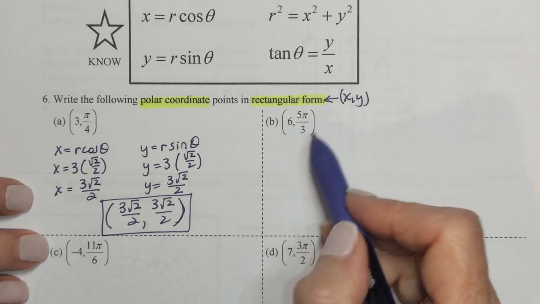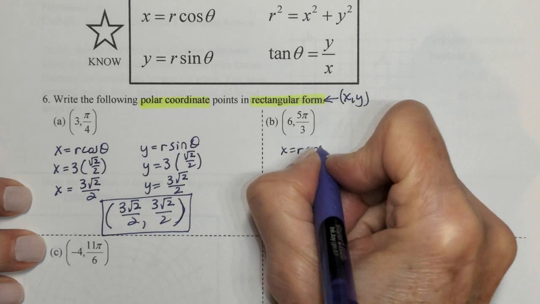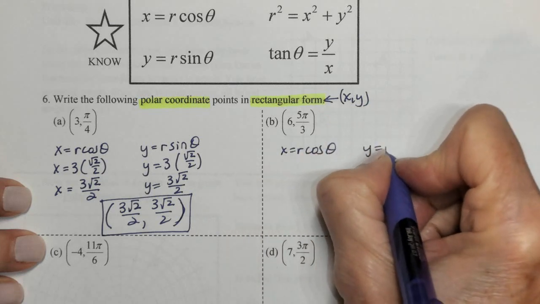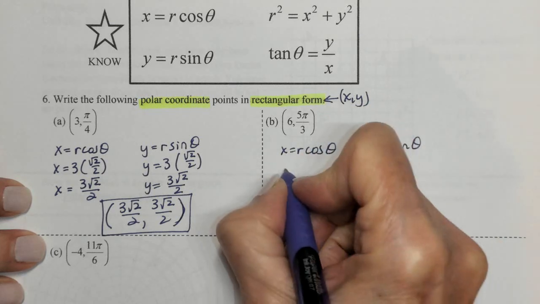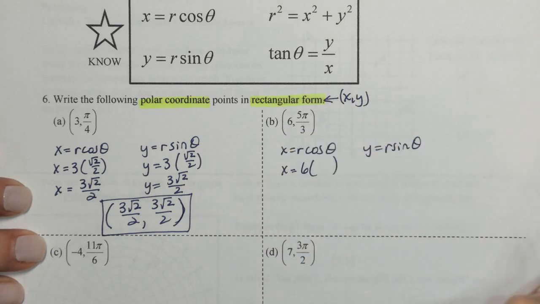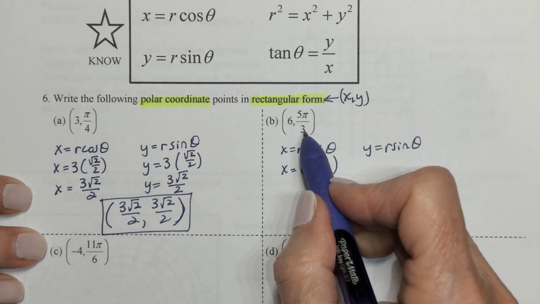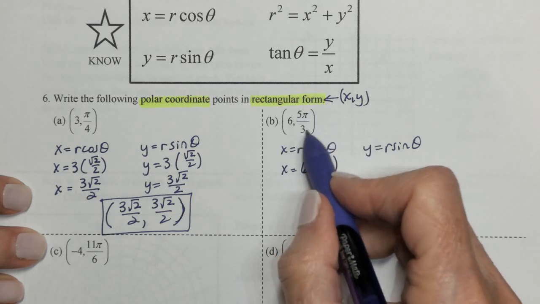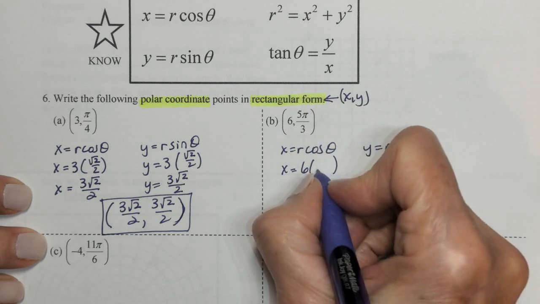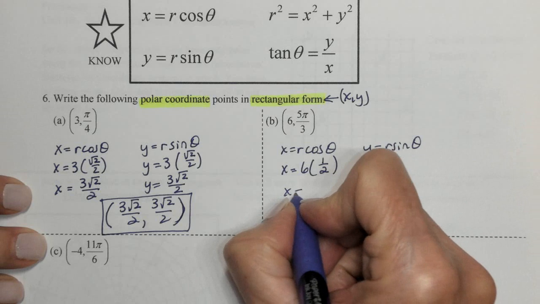Okay, let's do this one. So x is r cosine theta, y is r sine theta. So r is 6. Cosine of theta. Cosine of theta is the pi over 3 angle in quadrant 4 where cosine is positive. This will be 1/2. So x is 3.